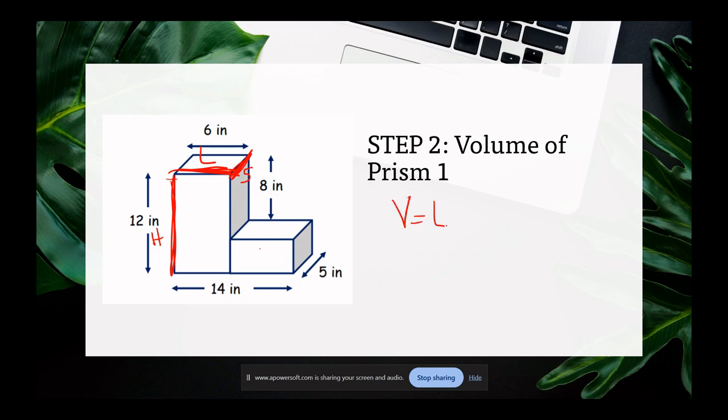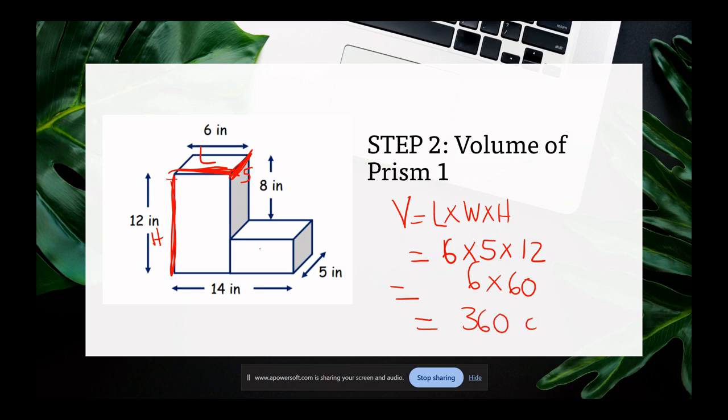So volume equals length times width times height, which is equal to 6 times 5 times 12, which is 6 times 60, which is 360 cubic inches, because the unit of measurement here is inches.